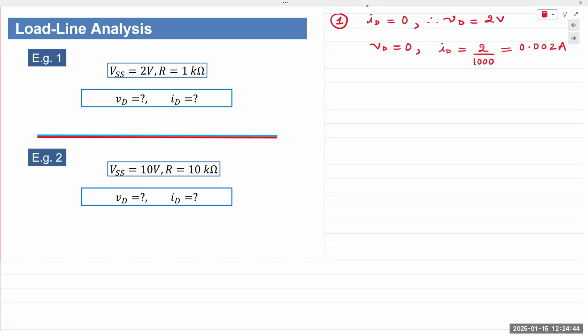How about the second one? I'll let you all do the second one. When ID is 0, what is the value of VD? I heard 10 volts.